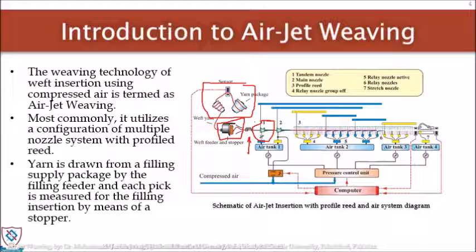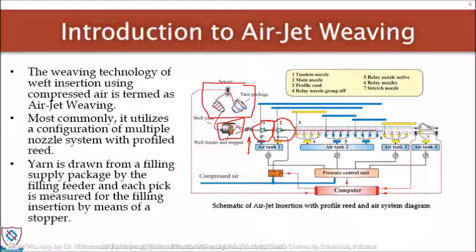Then the yarn will be guided to the other nozzle, that is the main nozzle. It moves with the reed, forward and backward. This is our major nozzle that will provide the initial acceleration. Both these two nozzles will provide the initial acceleration of the yarn, but their pressure is not sufficient to carry the weft to the other side of the machine.